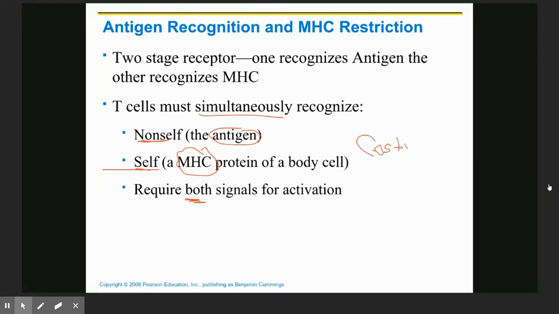So if you have just one or the other, it won't happen. If I have an antigen presenting cell that has its MHC on it but no antigen next to it, nothing happens because there's no non-self there. And if I have an antigen just floating around, nothing happens because it has to be attached to an MHC.